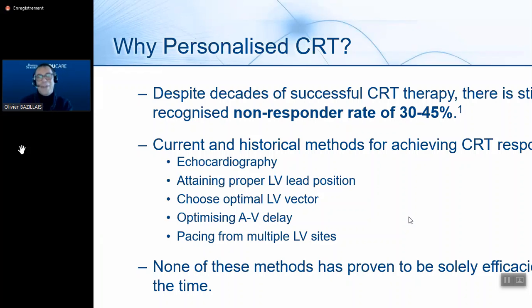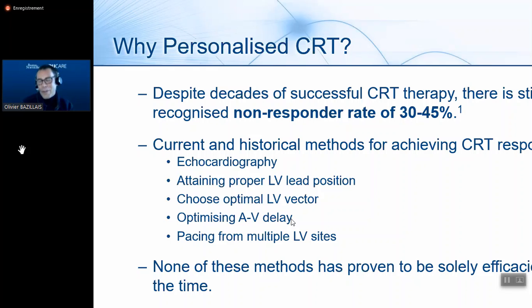And it was already discussed, but of course, the proper LV lead position is key. The position of the electrode is key. The vector, choosing the optimal vector. Today, in modern systems, we have quadrupolar leads, so you have a lot of vectors. Difficult to choose which one.